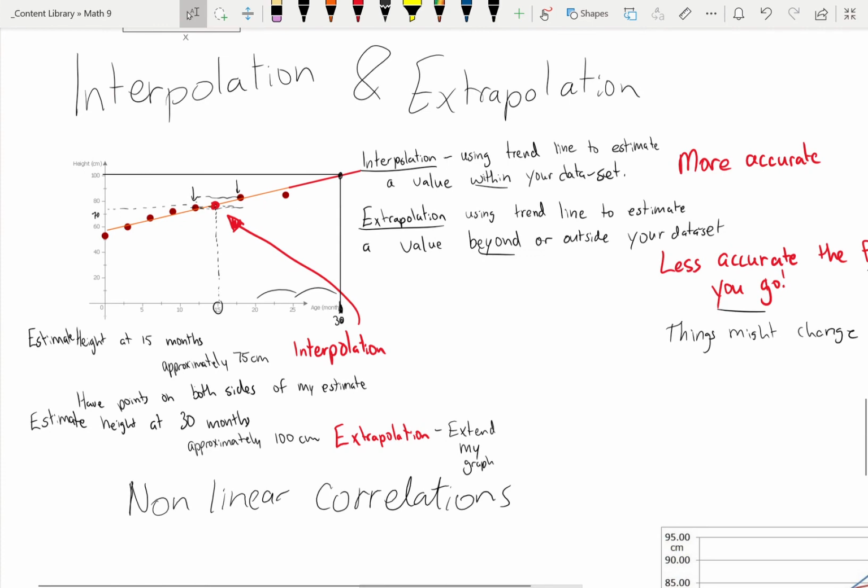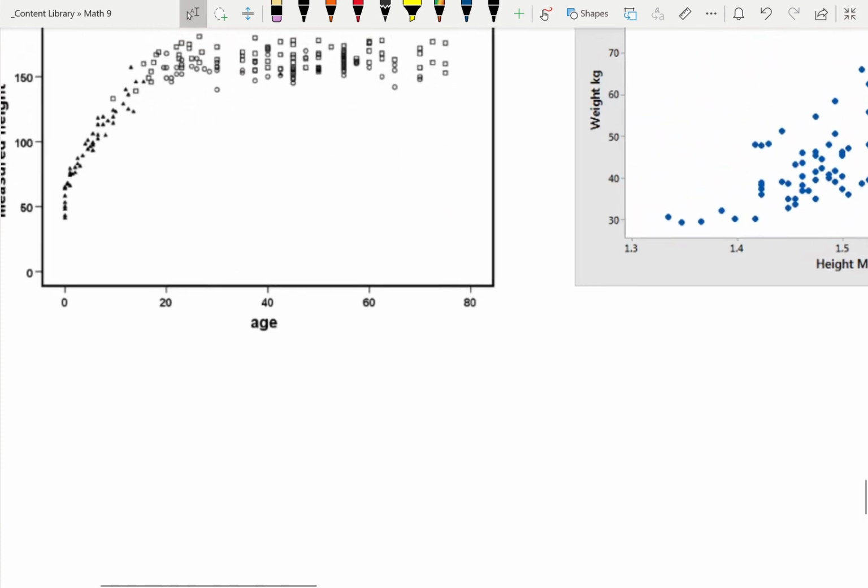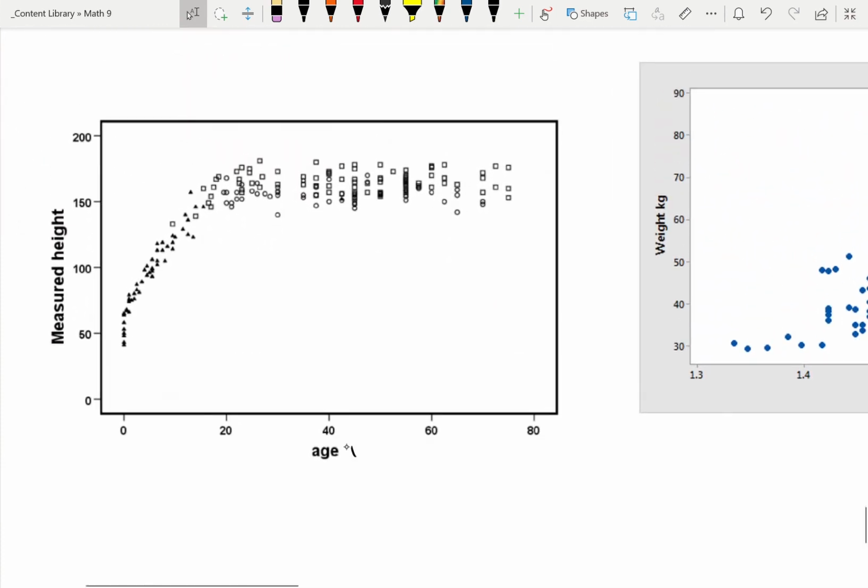We're looking at age versus height. If I look at age in years, this is a better example for height. So I notice at the start, there's this sort of line relationship here, and this is from roughly 0 to 10 years. And then I notice that the line kind of flattens out.